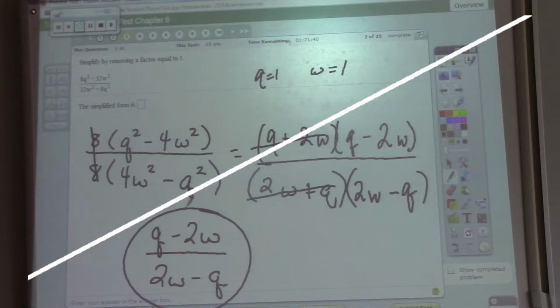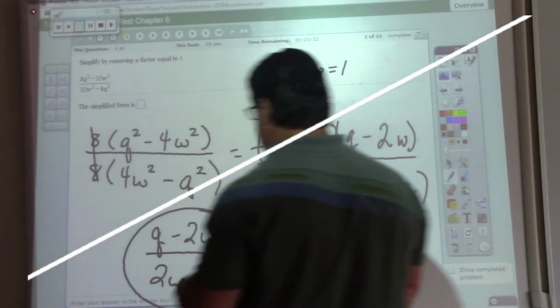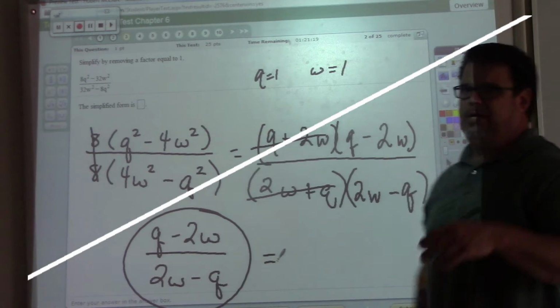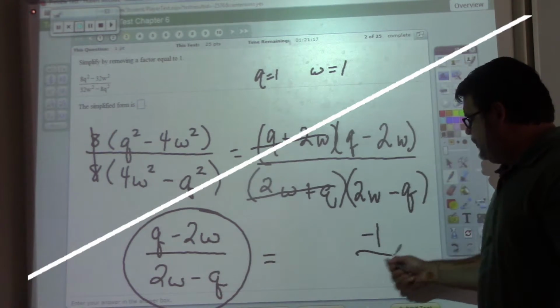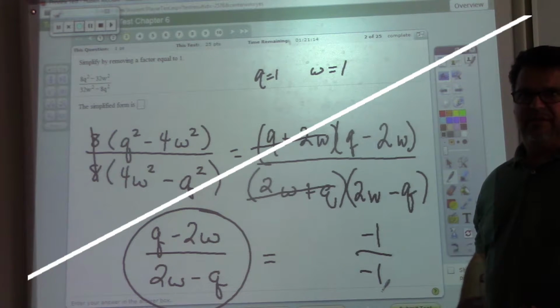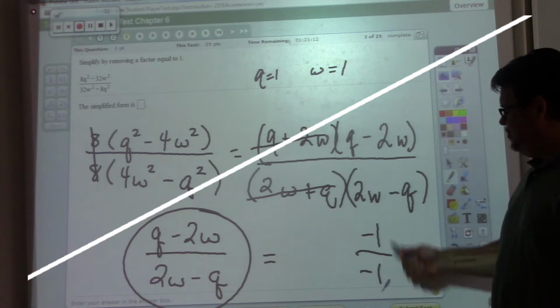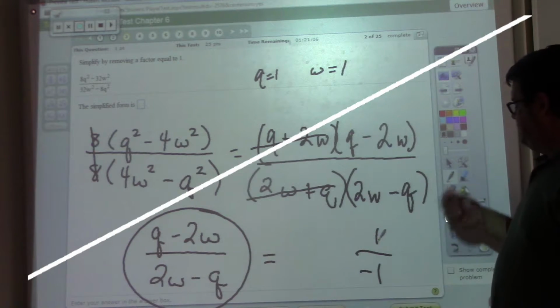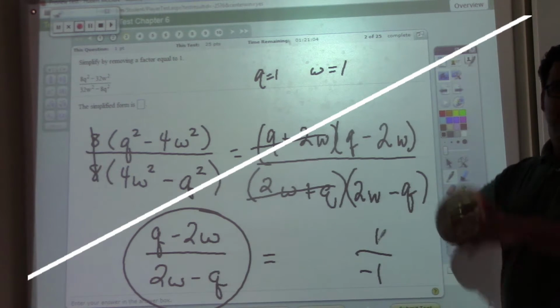Somebody might think, could we factor out a negative 1? Yes, you could. But if you do it on top, you have to do it on the bottom. If you could just do it on the bottom, you could cancel everything out and get a negative 1. But you can't. You have to do it on top, because negative 1 over negative 1 is 1, the multiplicative identity, which doesn't change anything. But if you only take it out of one, you're multiplying by 1 over negative 1, which changes everything.